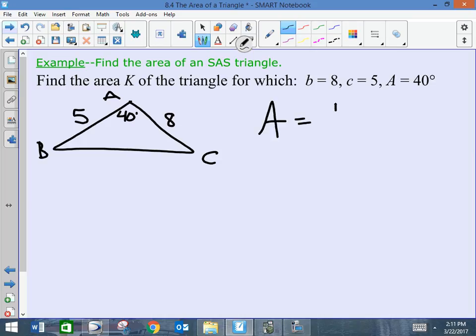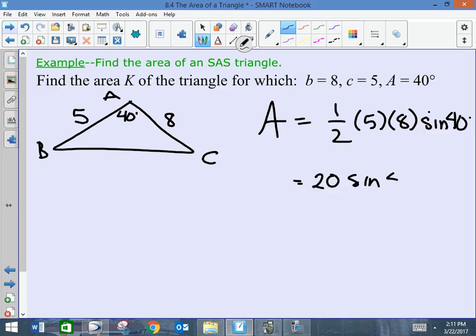So if you're well versed in the simplifying, you do 5 times 8 times sine of the angle in between the 5 and the 8. If you didn't have a calculator, you would do this like so. That's what I do. Okay? Now plug in your 40.